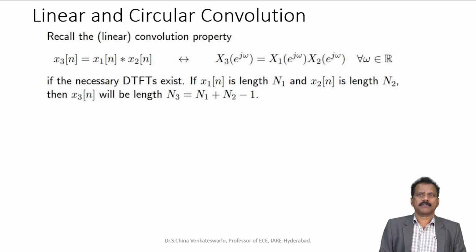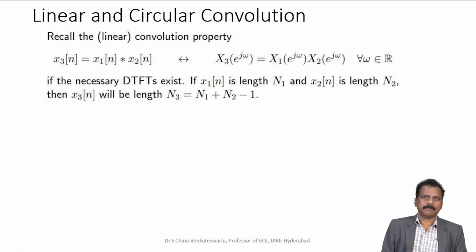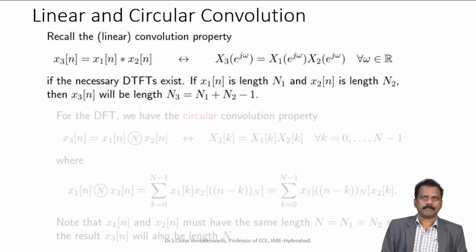If x1 of n has length N1 and x2 of n has length N2, then x3 of n will have length N3 equal to N1 plus N2 minus 1. Like this, we will analyze linear and circular convolution, with their properties.